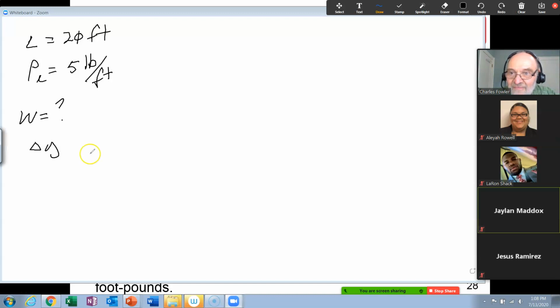All right, so your delta F, that's what we're going to do first. We're going to break the force down into increments. The delta F is your weight, so that's where your density comes from, 5 pounds per foot. Now what you have here is times the length that you raised it. They didn't show it in the figure, but you're going up y.